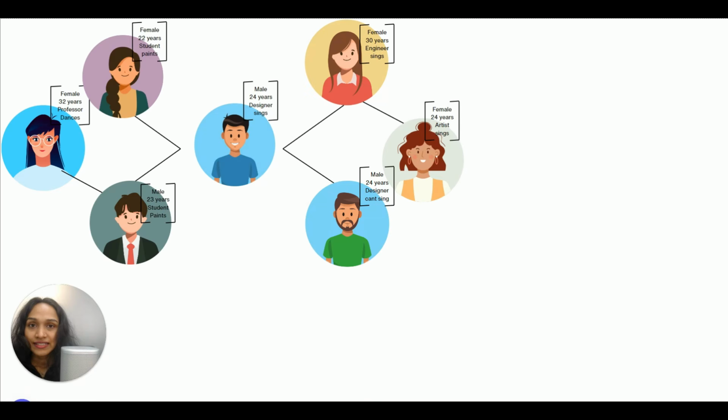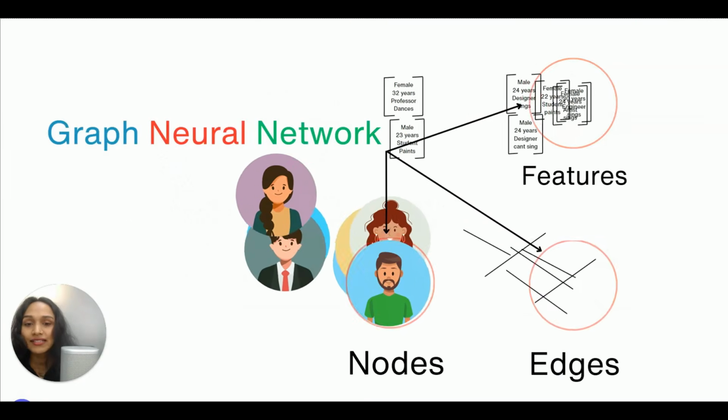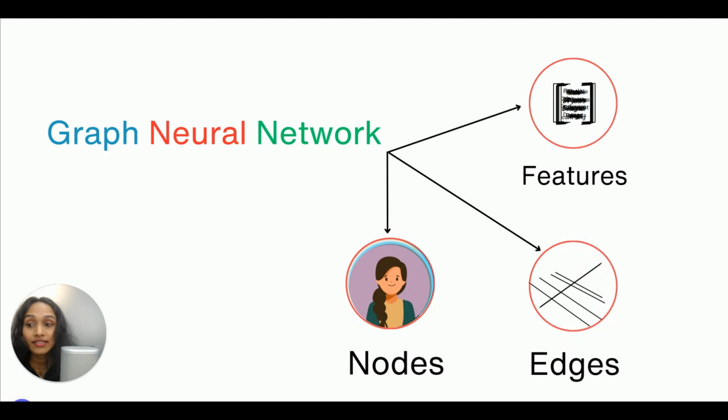This is Sam's social interaction network, and here we have some people, some friendship connections, and some features. These features are written as a list. These people can be considered as the nodes of a graph, and the friendship connections can be considered as the edges of a graph, and the features like their gender, age, occupation, and hobbies can be considered as the features of a graph.